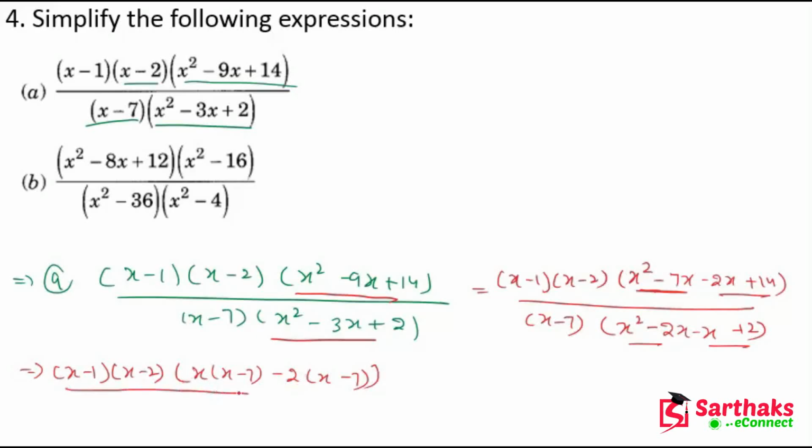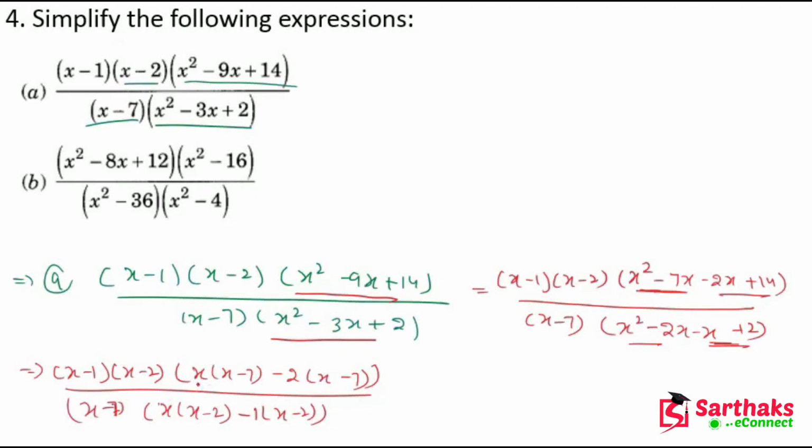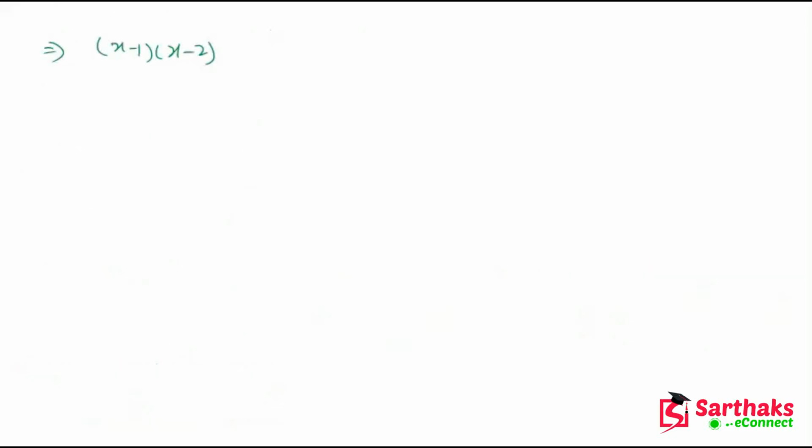In the denominator, here is x minus 7, and we get x into x minus 2, and from this we can take minus 1 as a common factor and get x minus 2. Understand? Now in the denominator we have x minus 1 into x minus 2. In this expression we can take x minus 7 from these two terms, and we get x minus 7 into x minus 2.